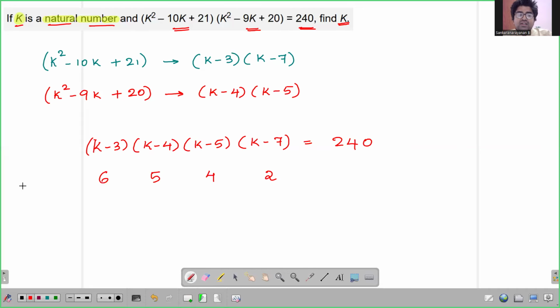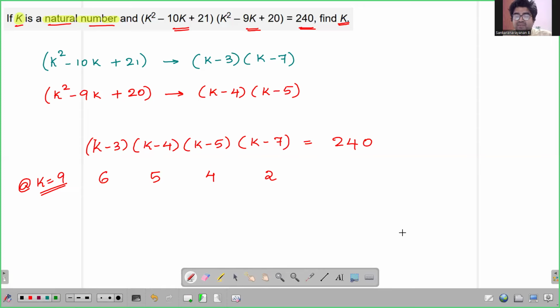So please note, when I considered k equal to 9, I could see this happening. If I reduce the value for k further, the product is going to become less than 240. Got it? If I increase the value of k beyond 9, the product is going to become more than 240. So k equal to 9 satisfies the condition.